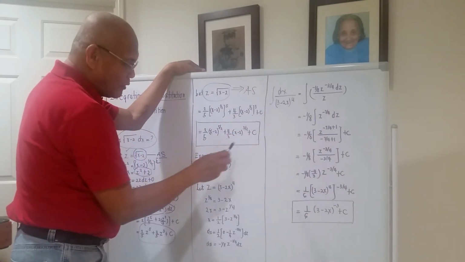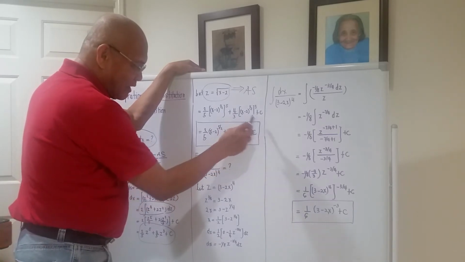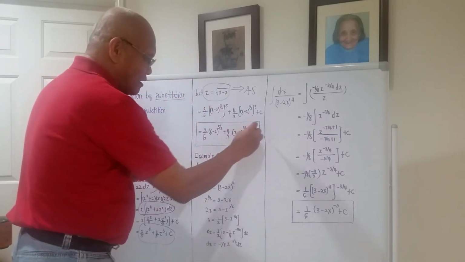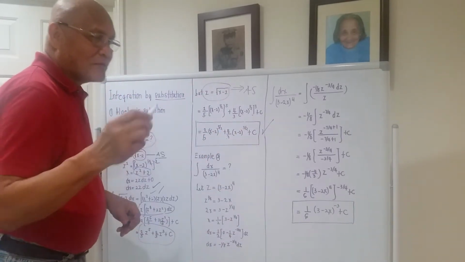So the second part is 4 thirds times x minus 2 raised to the 3 halves, plus c. This is the final answer in terms of the original variable x.